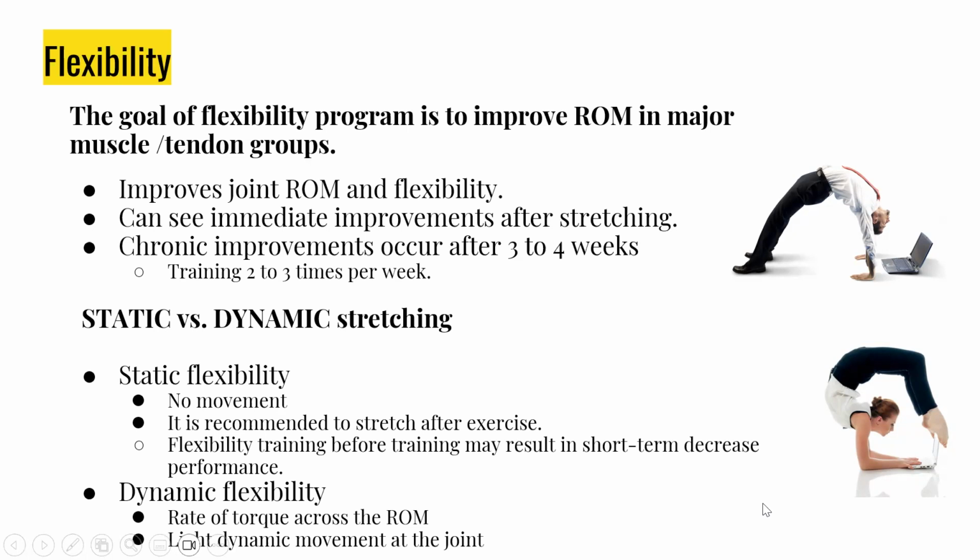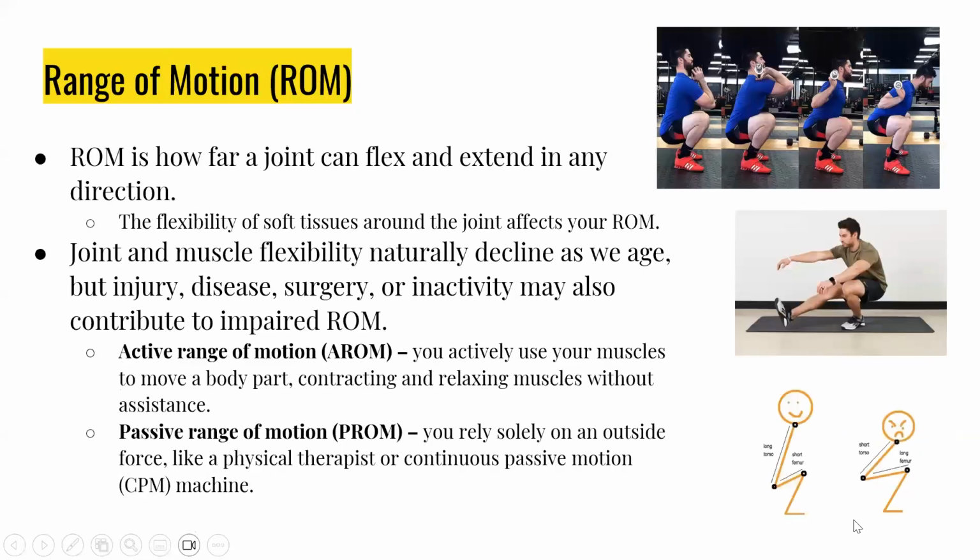And this one is highly recommended to perform before lifting or before your training session so that you are in an optimal range of motion to perform all the muscular fitness tests or to perform the exercise. And so that is one thing that I want you to do before performing the muscular fitness test in lab.